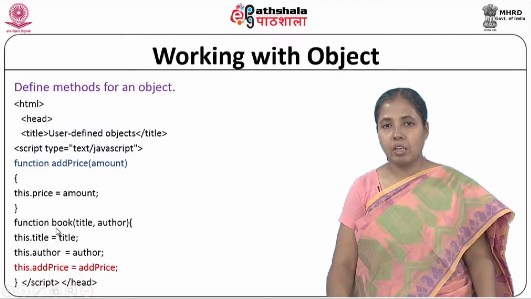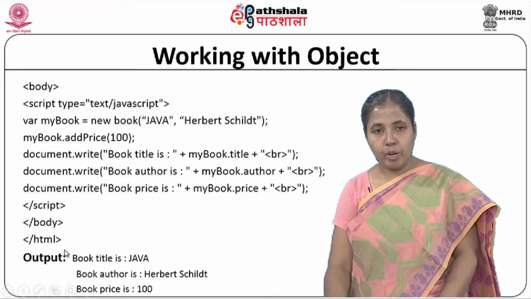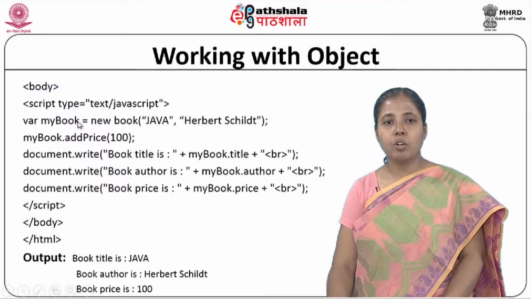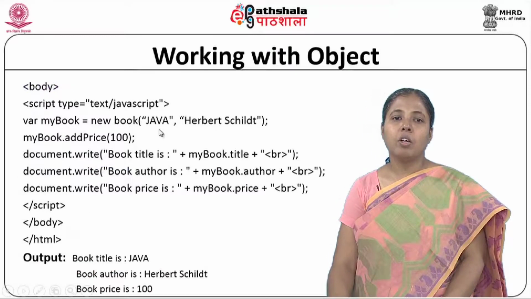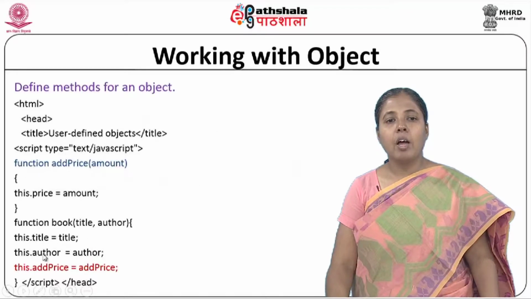So we can define constructors just like creating a function. Book is a constructor for this book object, and here is where you assign the values for the properties defined for myBook. So myBook is an object that takes the two values and gets assigned title and author.